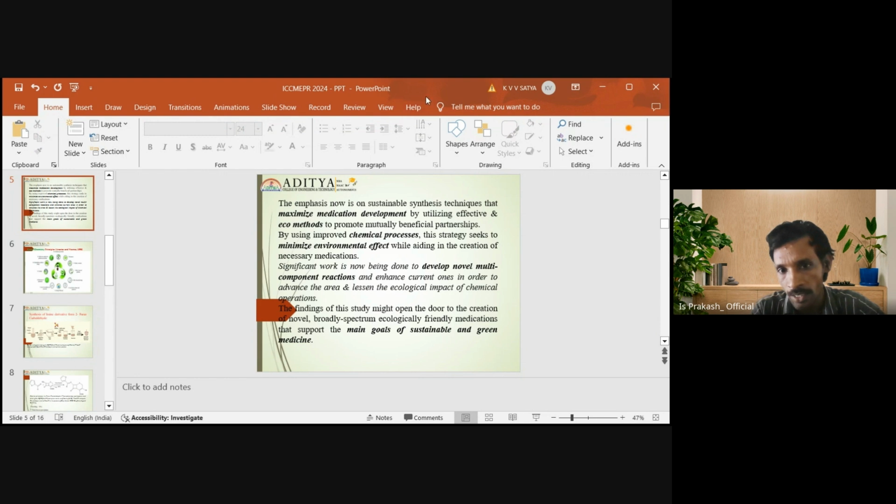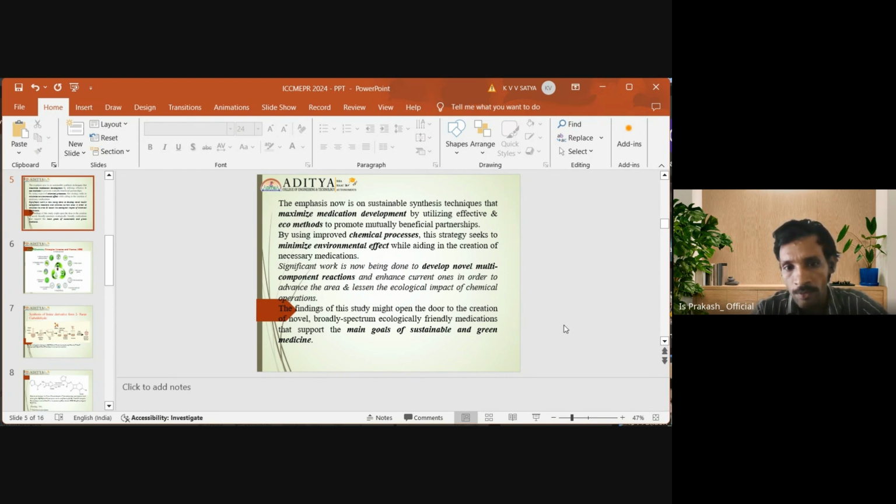Green principles also explain that where two reactants undergo the reaction, the product minimizes harm and does not affect the environment. So we can undergo the process. Significant work is now being done to develop novel multi-component reactions.